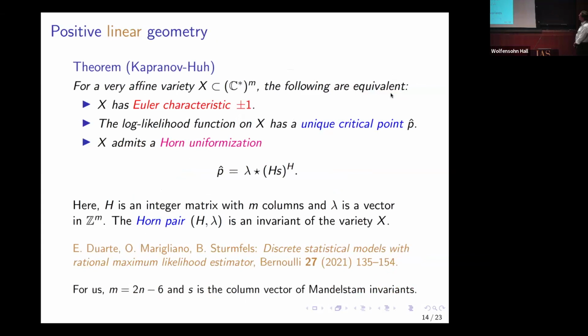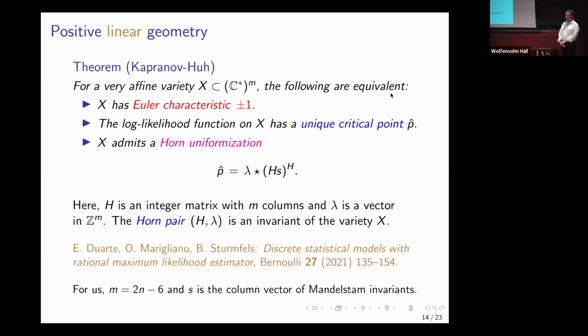Let me call this positive linear geometry. This was discovered by Kapranov in the 90s in a very different context. He refers to this as the Horn uniformization. Horn was a German mathematician in the 19th century who taught ordinary differential equations. He was a differential equations professor in the 1860s, and he studied hypergeometric functions.